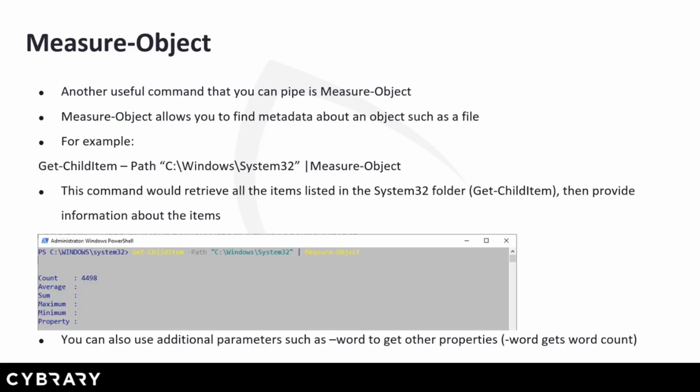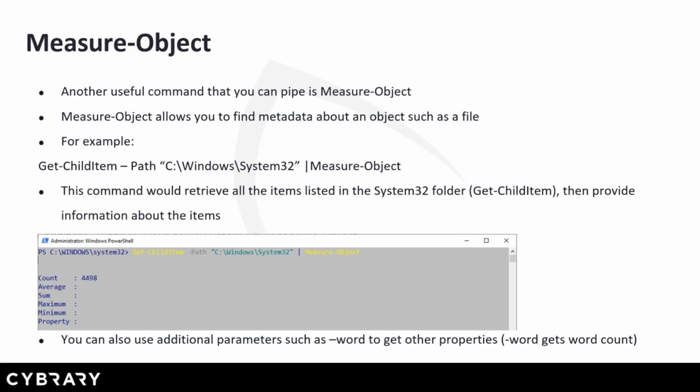Measure-Object is another very useful command. This command allows you to find metadata or certain pieces of information about an object, such as a file. For example, here we have the command Get-ChildItem -Path, the path of the file, then Measure-Object. So what this actually did was it went through and found the C:\Windows\System32 directory, and then it got all the child items, which are all the items that are actually listed in that folder.